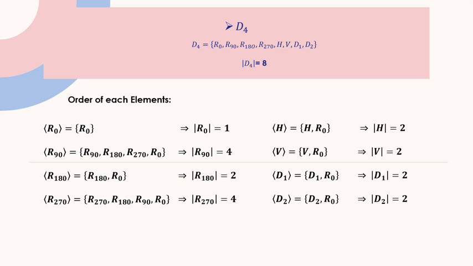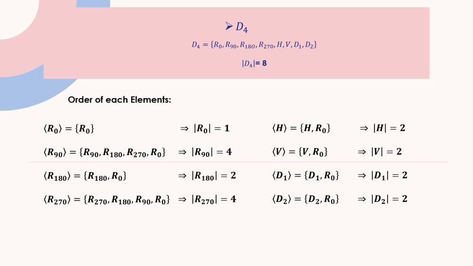For horizontal, the elements under horizontal are horizontal and R sub 0. Therefore, the order of horizontal is equal to 2. For vertical, the elements under vertical are vertical and R sub 0. Therefore, the order of vertical is equal to 2.